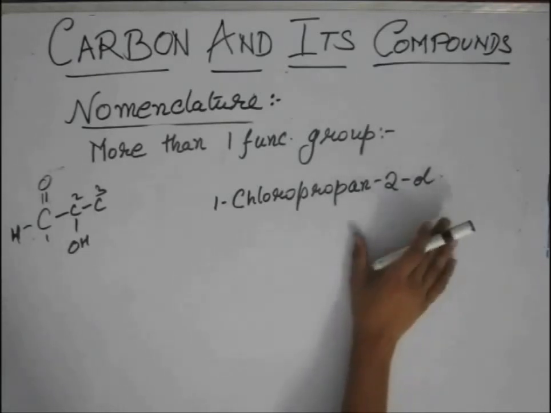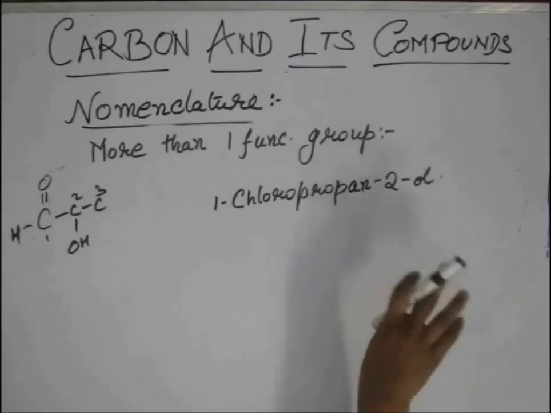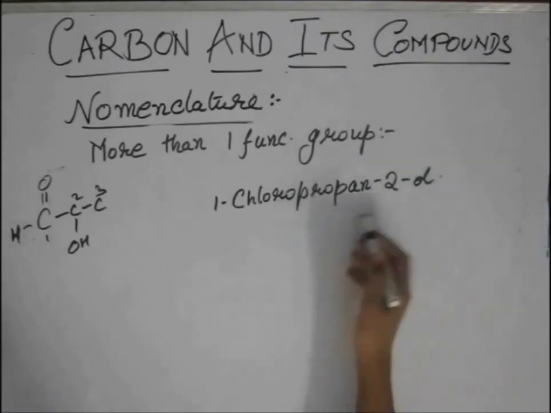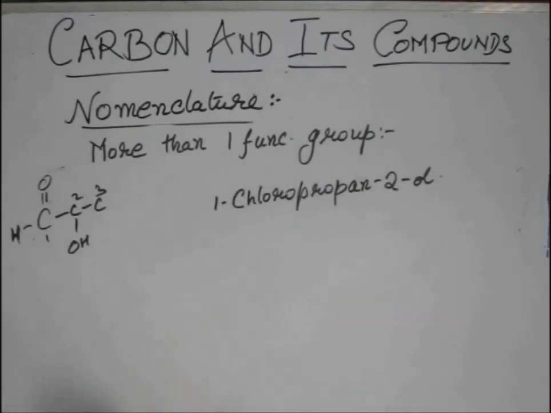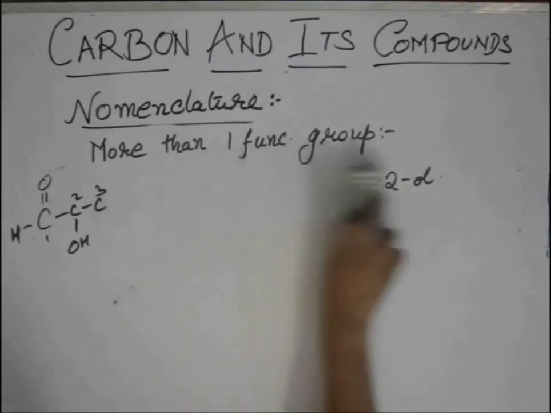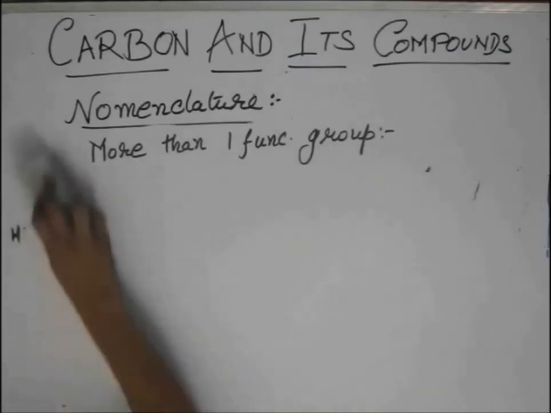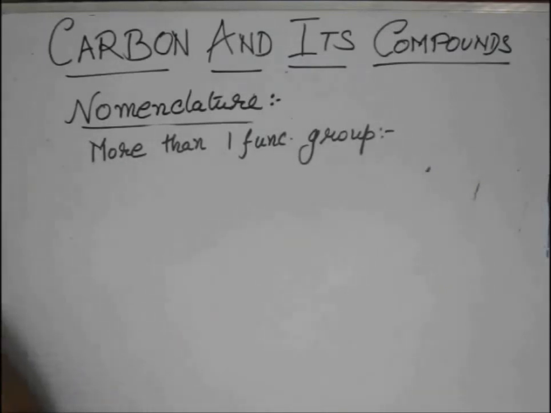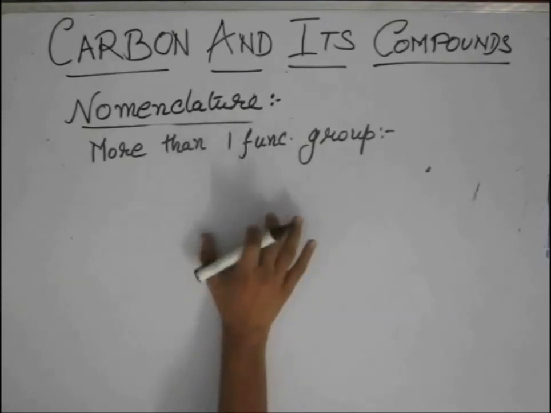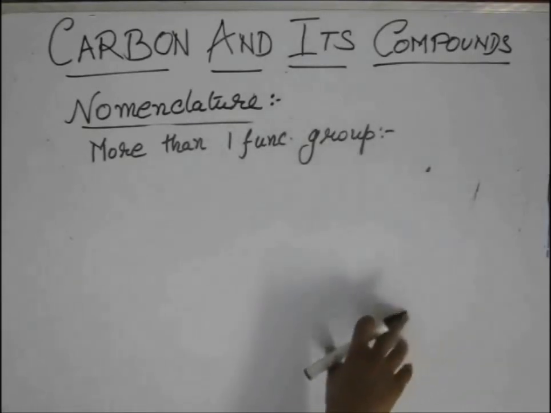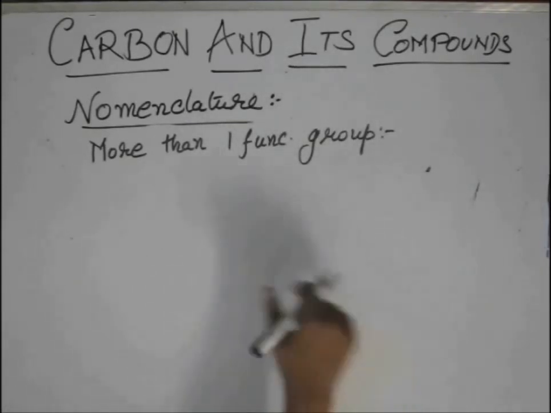You can't name it like that because you can't have two suffixes in the same name. You have to have a prefix. So the preference list which I was talking about decides which group's name will come as the prefix and which group's name will come as the suffix.